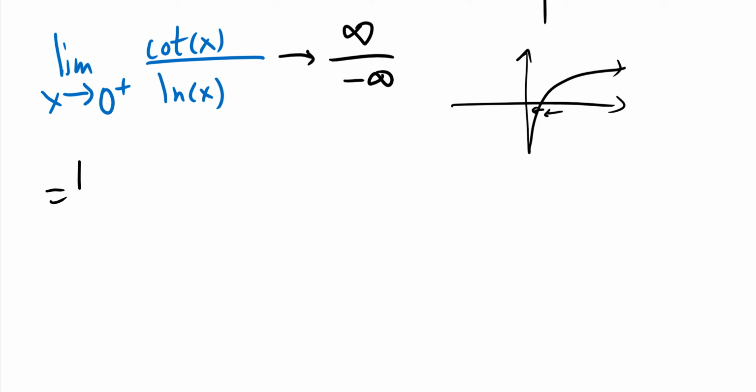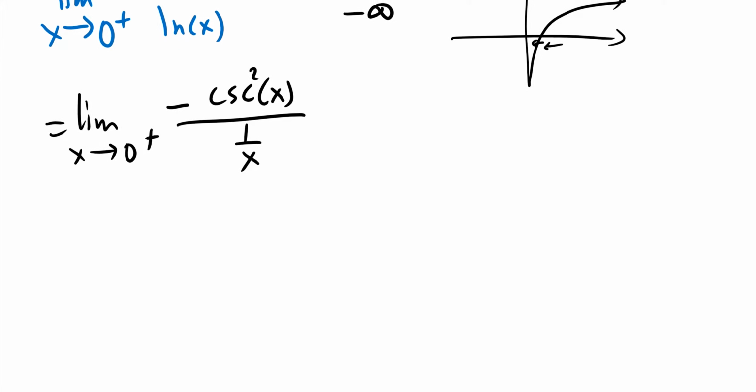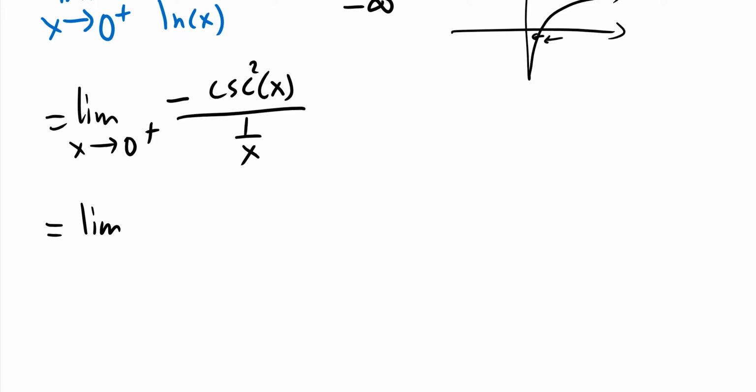So by L'Hopital's, let's see. The derivative of cotangent is negative cosecant squared x. Derivative of natural log is 1 over x. Now if I rewrite this by multiplying by the reciprocal of the denominator, that gives negative x times cosecant squared x.